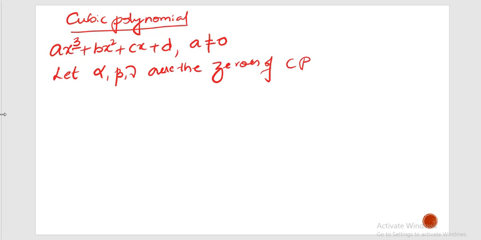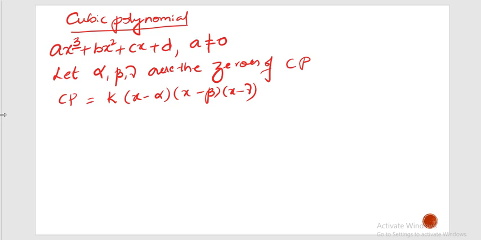Then how can I represent this cubic polynomial? I can write it as k times x minus alpha into x minus beta into x minus gamma, because it has 3 linear factors.